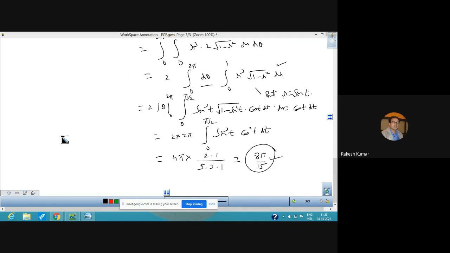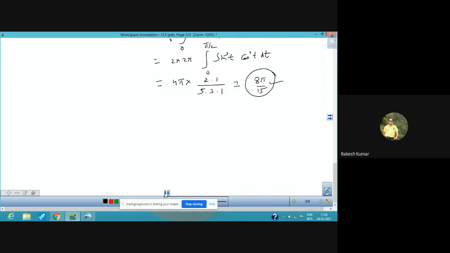Now let us continue and find out the volume by a double and a triple integration. Right now we have to find out the volume of solids. So this is our topic of consideration today. The simple volume as a triple integral will be like this: dx dy dz. This is your Cartesian form.